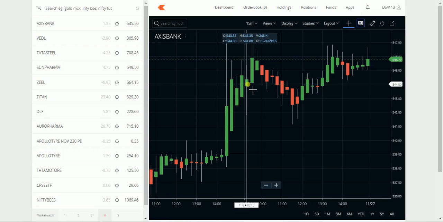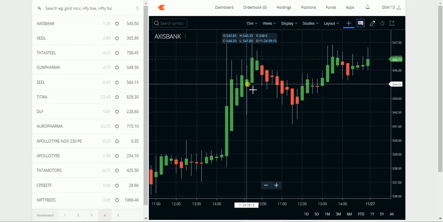544.33. Now the thing is, I cannot wait for the whole day and just stare at this particular chart waiting for levels to be breached. So I have a method called bracket orders, which I will explain in some time.